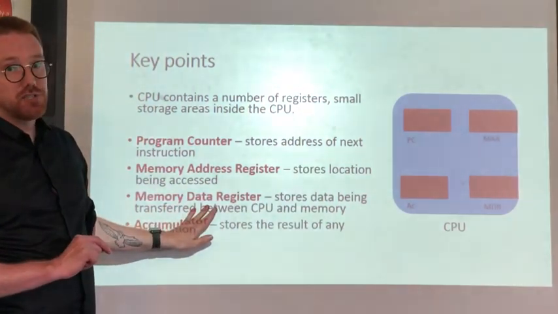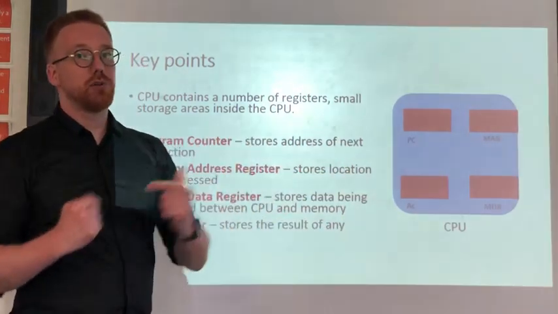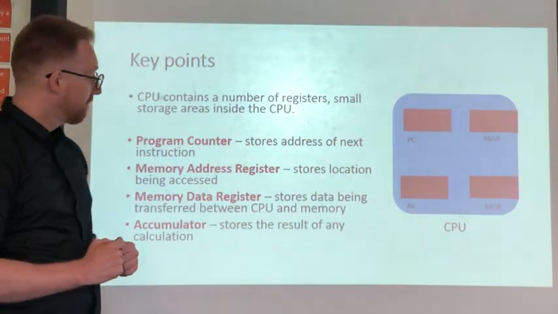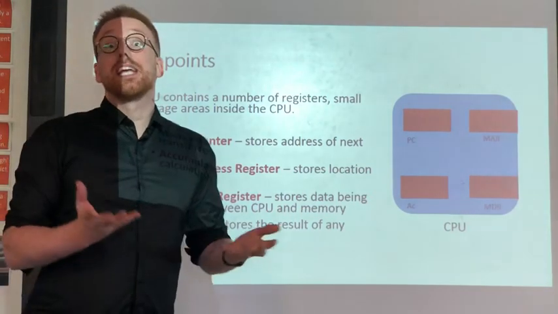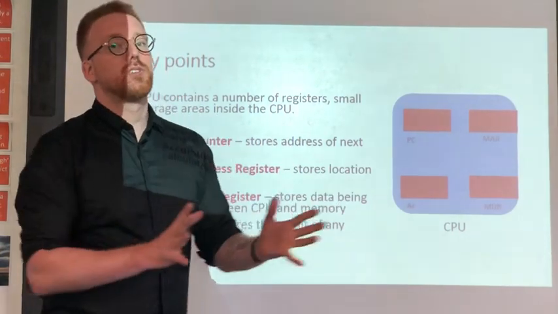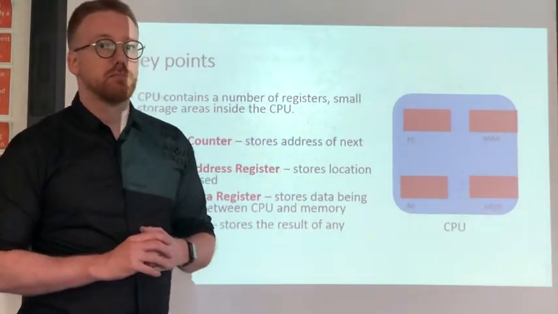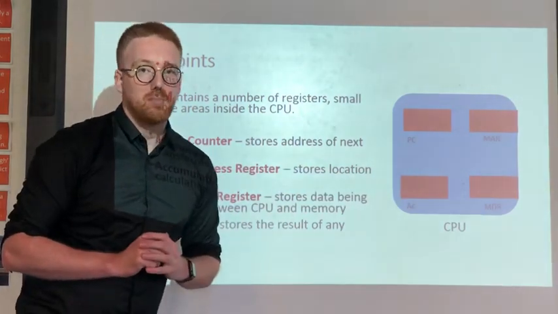Memory data register stores the data that you're transferring to and from memory. And the accumulator stores the results of any calculations. You add two numbers together, the answer will be stored in the accumulator. And then you may move that value back into main memory.